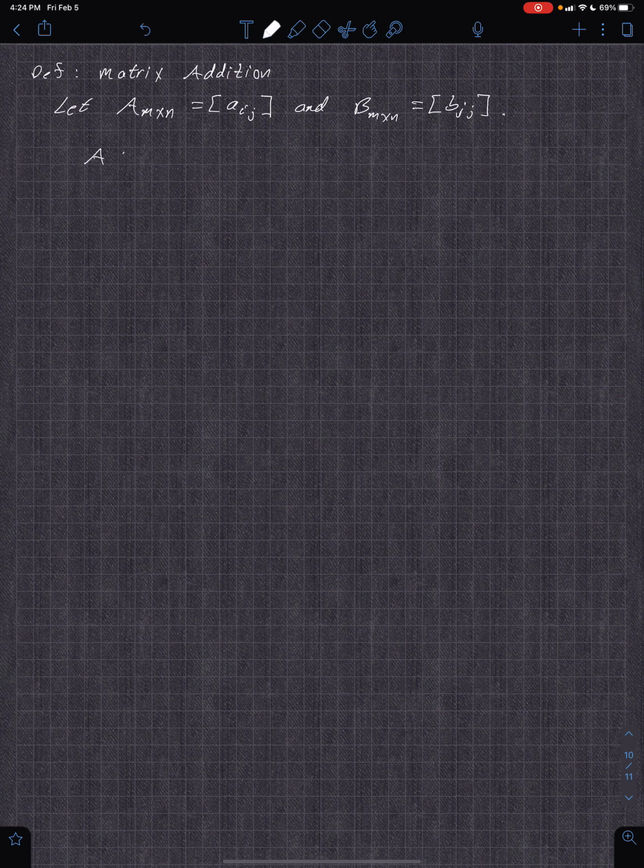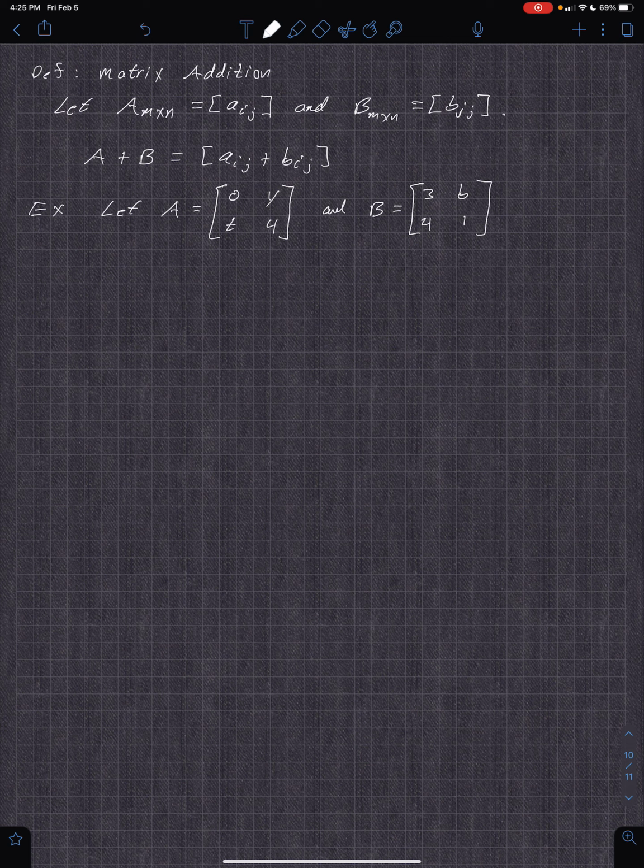Then if you say A plus B, this is pretty straightforward stuff here. You just add the entries. So A plus B of the matrix is each entry, you just add it up. A sub ij plus B sub ij, like that. So let's look at just a couple examples. So let's let A equal 0, y, t, and 4, and B equal 3, b, 4, and 1.